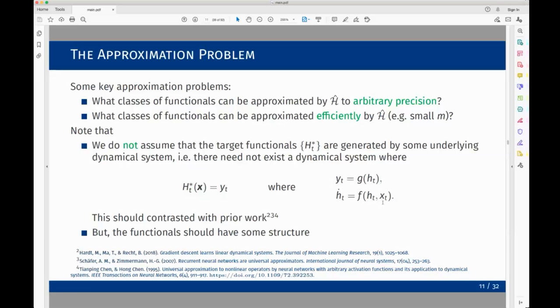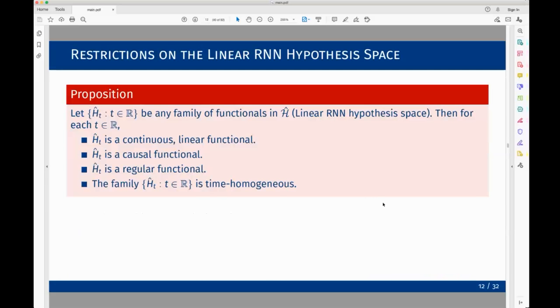Okay, although we do not assume this kind of structure, we should expect that the functionals can be well approximated by our linear RNN should have some structure. So here is the first thing, a proposition of the hypothesis space H hat.